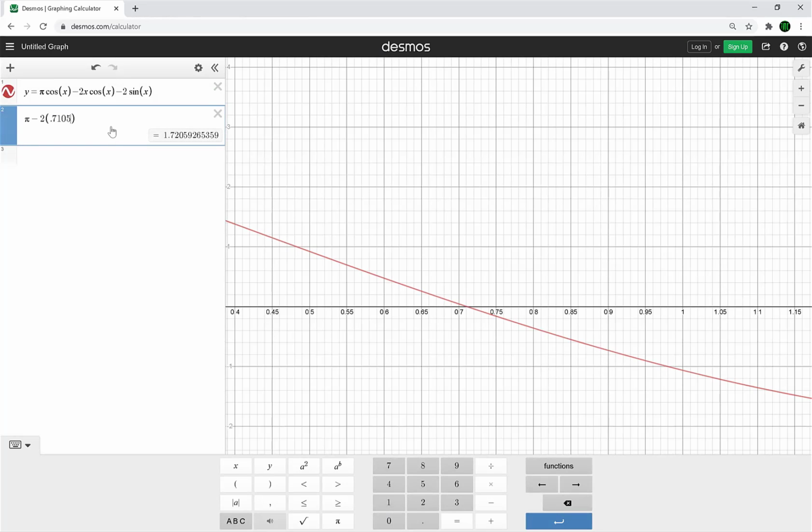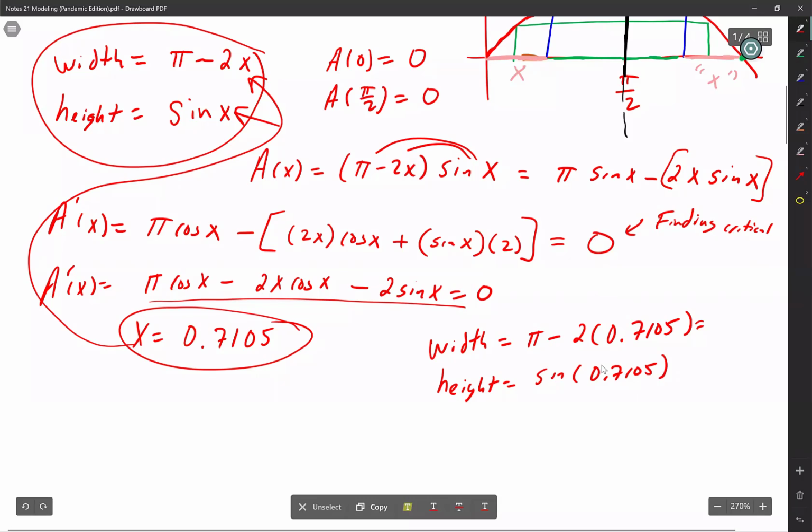Let's see how off it is. 1.7206. Don't round it off. Put 1.7206.